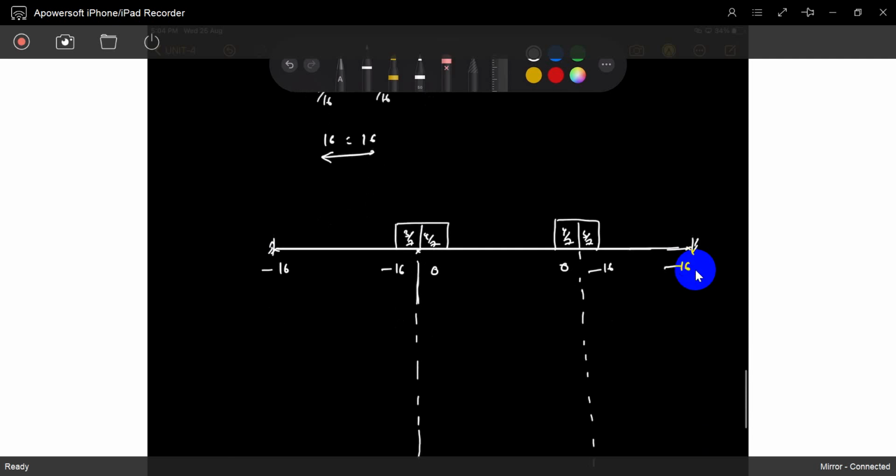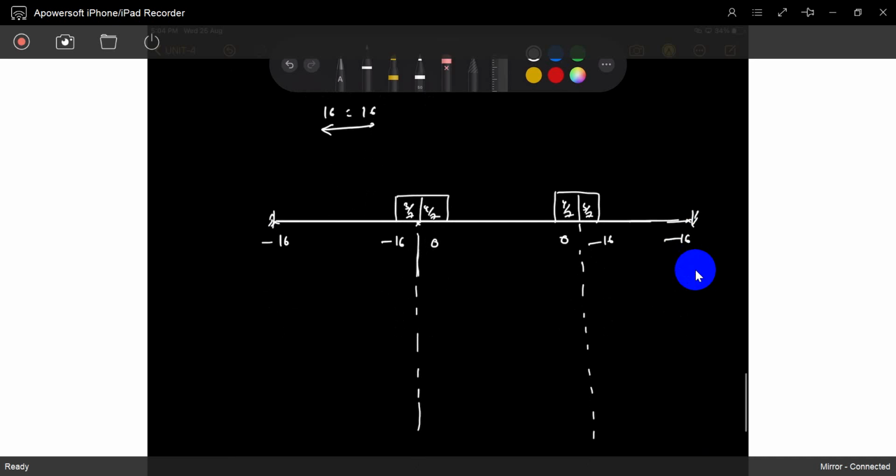Now you can take 1, 1, no problem at all. So now it's time to start. Settle the value 16 with 3 divided by 7.